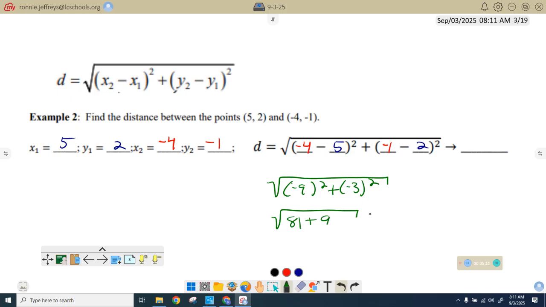Becomes 9. All right. So we get the square root of 90. Now, if you were to actually type this into some of these calculators, it's going to do something different, okay? It's going to give you an answer like this.